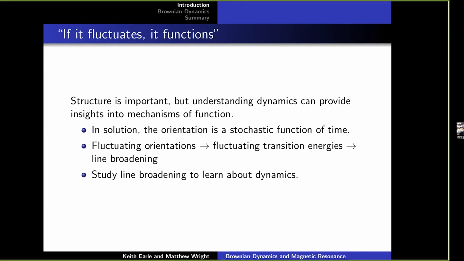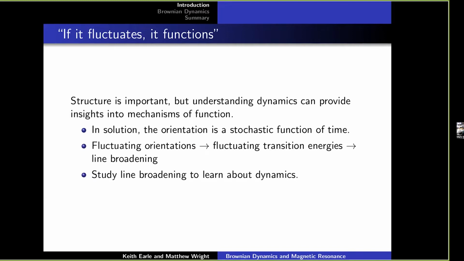In order to do that, it's extremely important to note that if it fluctuates, it functions. Structure is important, but understanding dynamics can provide insights into mechanisms of function. And this is particularly important for the biophysical problems that I've been looking at, but it's also extremely important for the kinds of experiments that we want to do here.